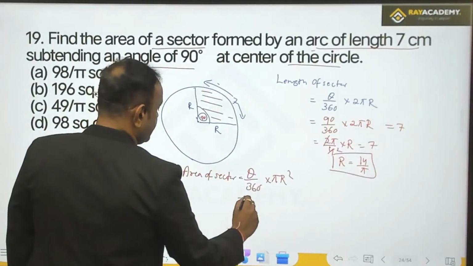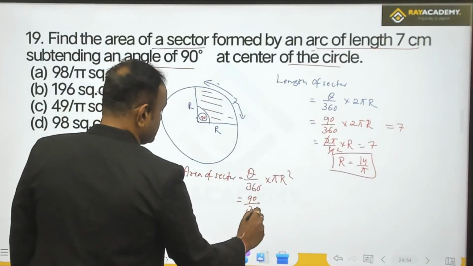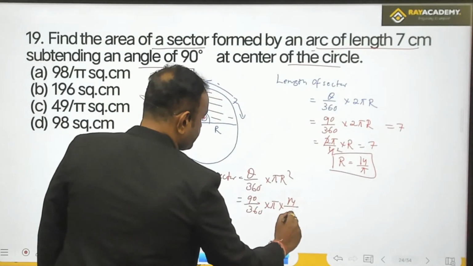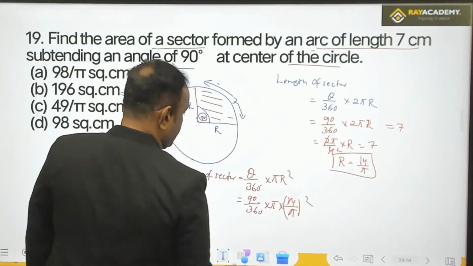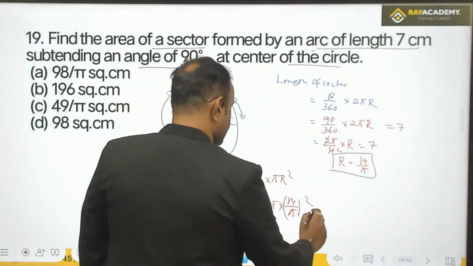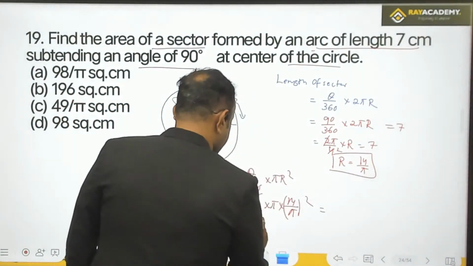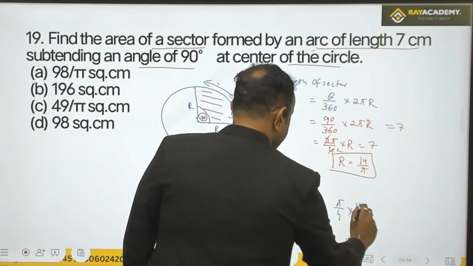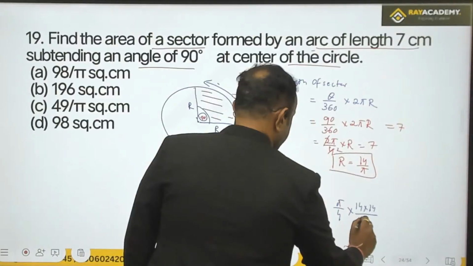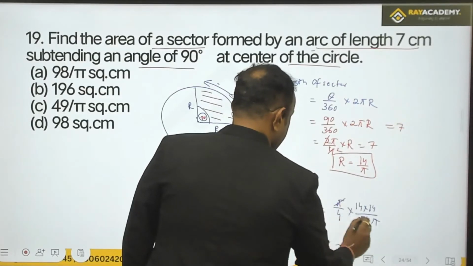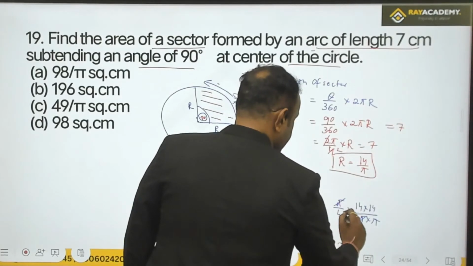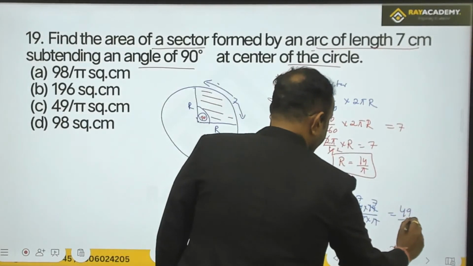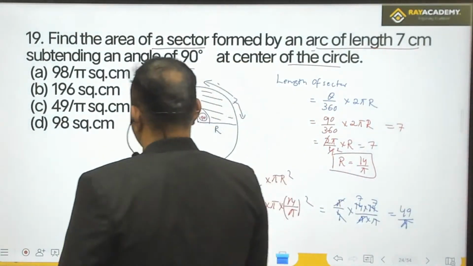So you are again getting 90 by 360 into pi into r, and we know r is 14 by pi, squared. So let us solve it and see. 90 gets cancelled, 4 pi by 4 into 14 divided by pi square. So this is 7. So it is 49 by pi is the area.